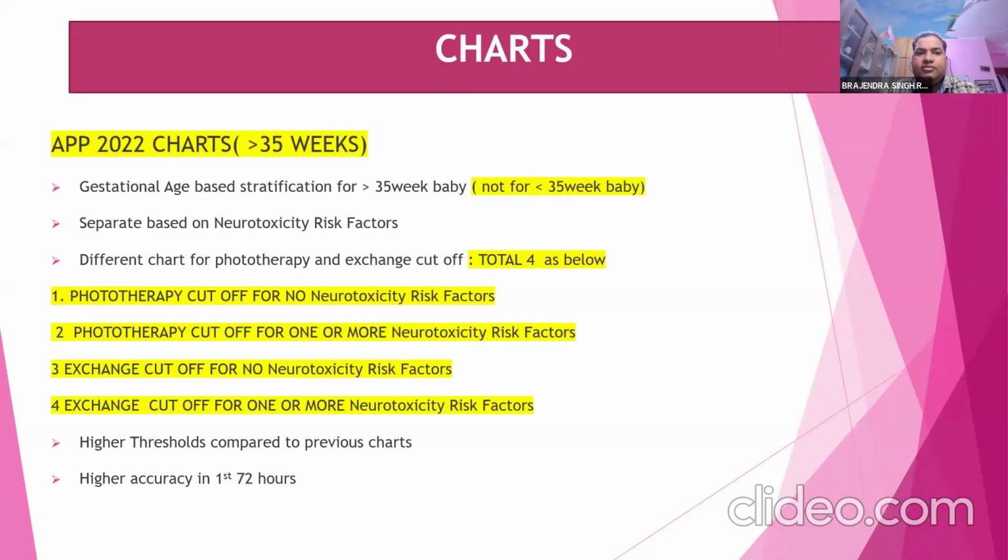These charts are for babies of more than 35 weeks gestation. Characteristics of these charts are gestational age-based stratification, not for babies of less than 35 weeks, separate charts based on the neurotoxicity risk factor, and different charts for the phototherapy and exchange cutoffs. So there are 4 charts in total: the phototherapy cutoff for no neurotoxicity risk factor, the phototherapy cutoff for one or more neurotoxicity risk factors, the exchange cutoff for no neurotoxicity risk factor, and the exchange cutoff for one or more neurotoxicity risk factors. These charts have higher thresholds compared to the previous charts and higher accuracy in the first 72 hours.